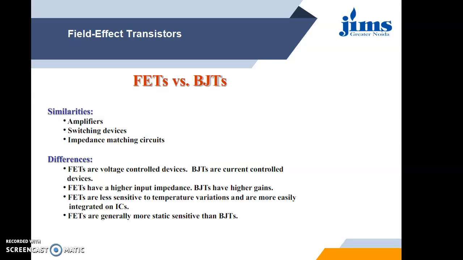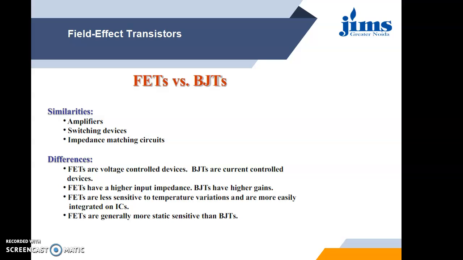After that, if we talk about the differences of the two, FETs are voltage controlled devices, whereas BJTs are current controlled devices. Like in BJT we have IE equal to IB plus IC. So the emitter current is a function of base current and collector current.